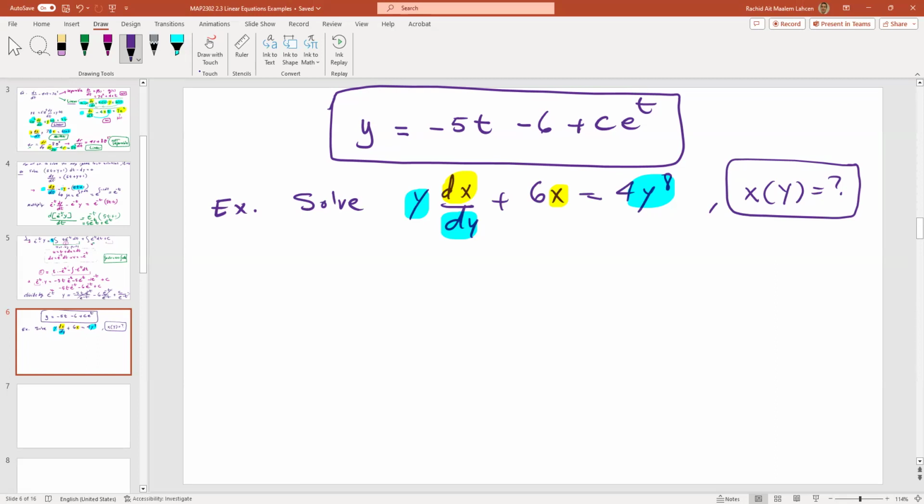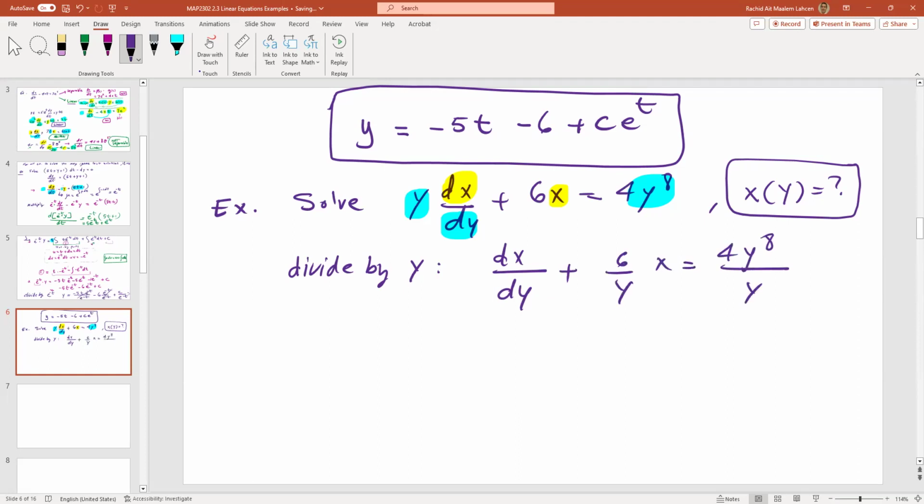Okay. So let's divide by y so we can get the integrating factor. Okay.